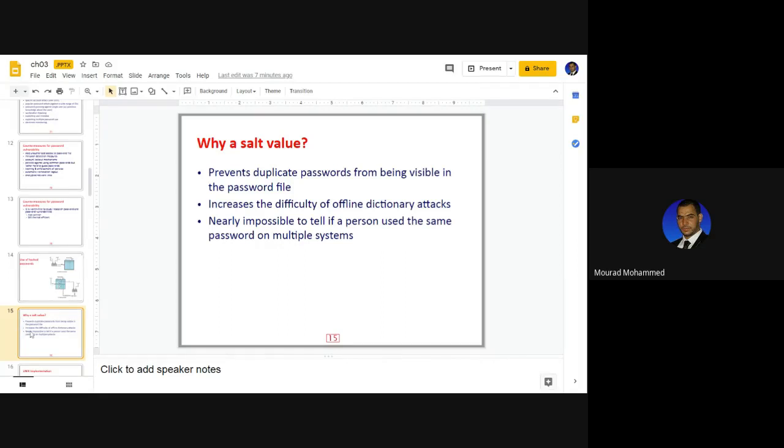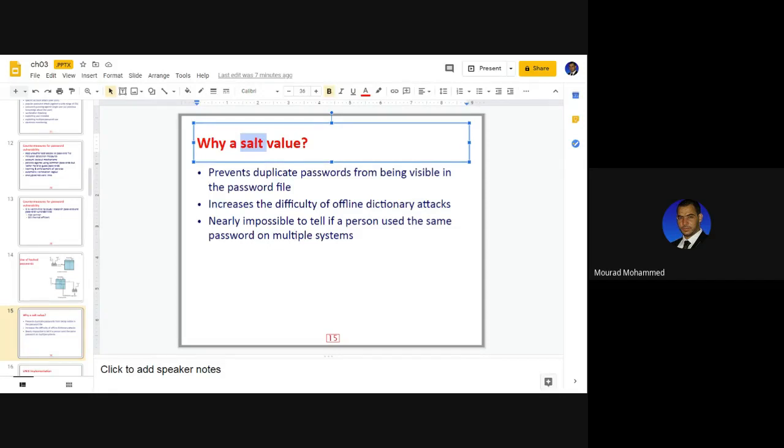Yet, when we add a system-based value, this imposes extra difficulty to such an attack, a brute force attack, a dictionary-based attack, or even a guessing attack. So the salt is a value that only the system knows and recognizes, to be added to the password.